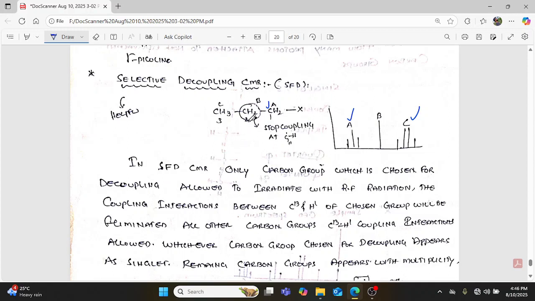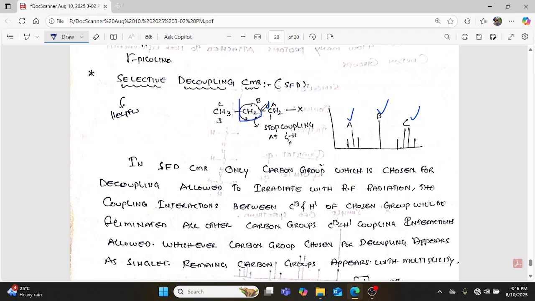Now see the B carbon. How many protons are attached to the carbon? Only 2 protons. So according to the criteria, 2 plus 1 means the signal should be 3. But what is the signal? Only a singlet.